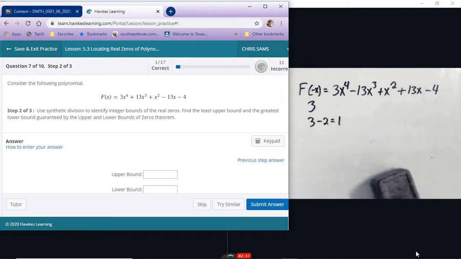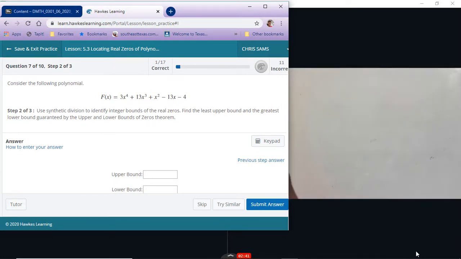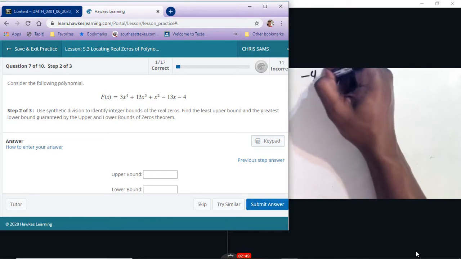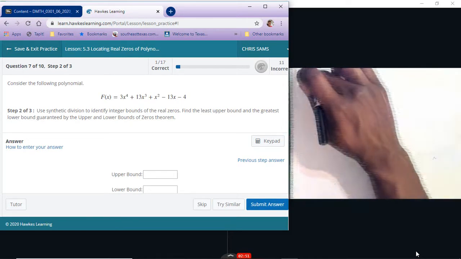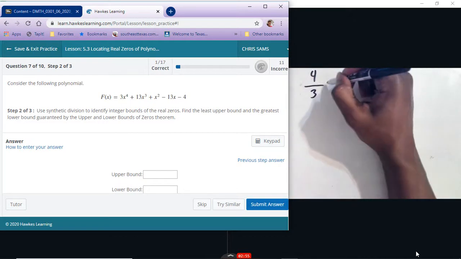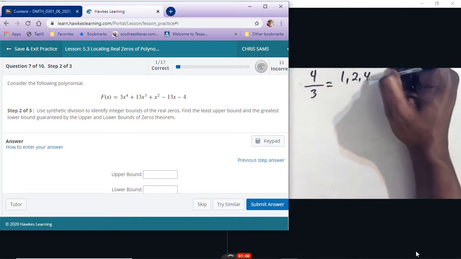So now we want to try to limit these numbers, so we won't have to try everything that would be in our list. So let's make our list real quick, see what numbers we're dealing with. Alright, so my back number is 4. I don't really need the negative. My leading coefficient is 3. So factors of 4 are 1, 2, and 4.